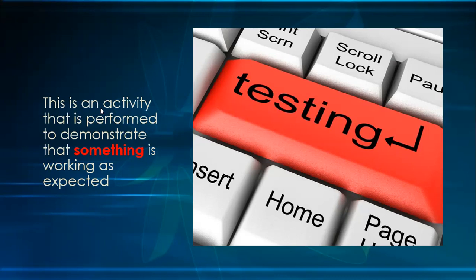That's the major thing we are trying to validate when it comes to testing. The major thing we are trying to check is that a particular system or application is working as expected.